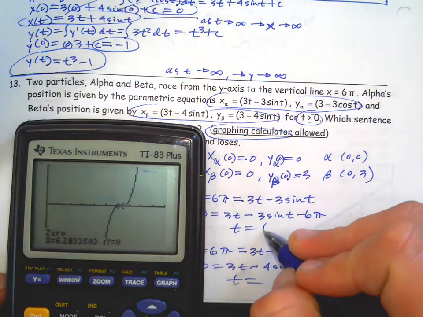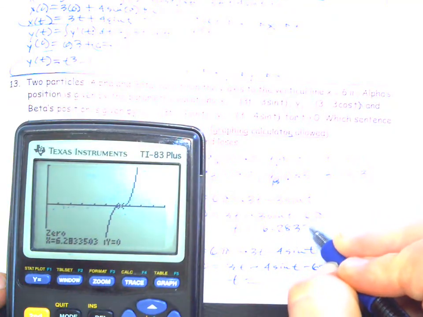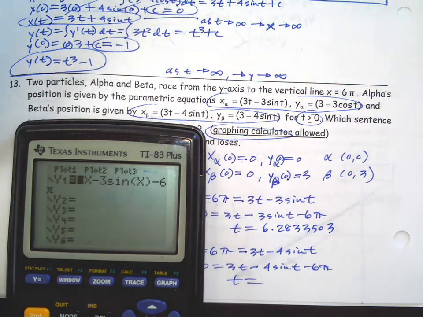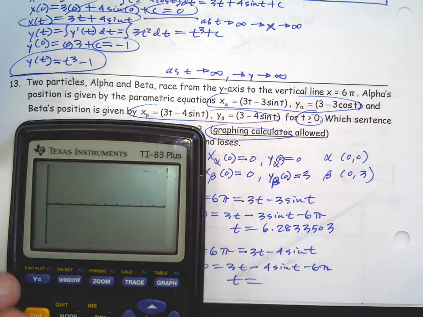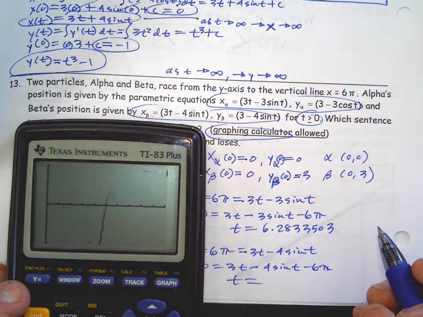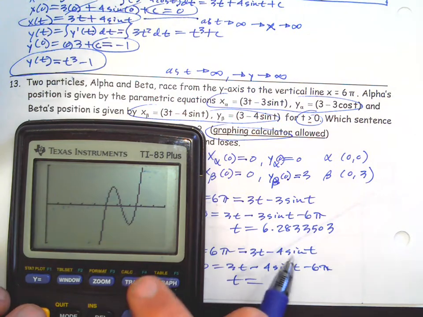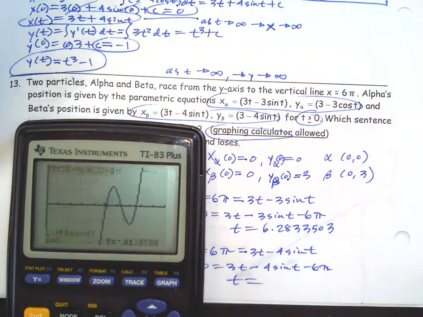It is 6.2833503. And then we do the other one, 3x minus 4 sine minus 6 pi, graph it. There's that one. That one looks like it happens around 5. So second calculate 0, 4 to 5.